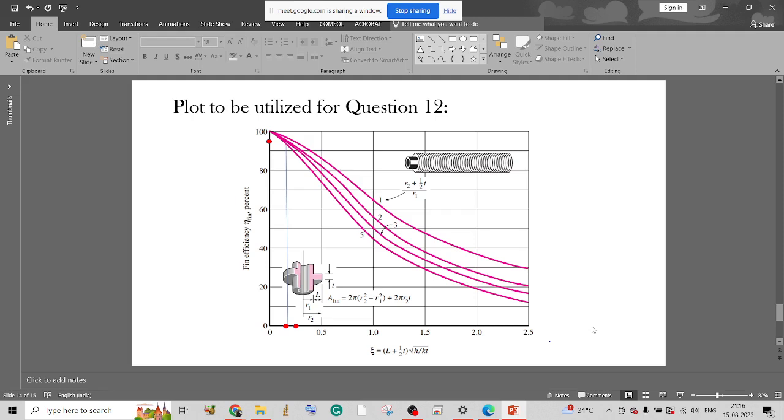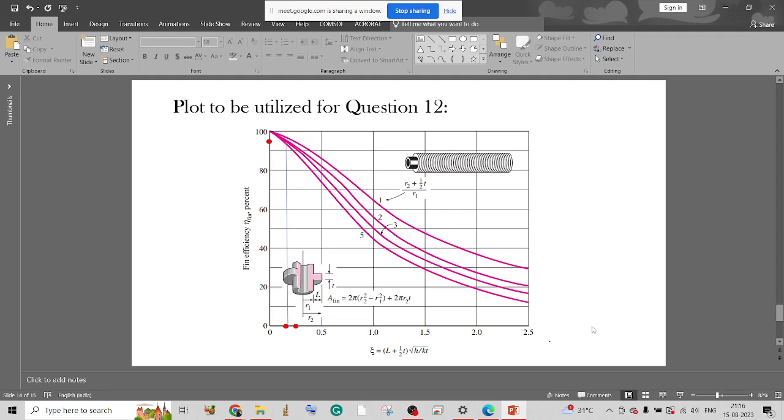So the area of fin came out to be 2 pi r2 square minus r1 square, as I've already said, the whole surface of the fin will be calculated, right? Let's suppose this is the pipe, this surface we are calculating now, 2 pi r2 square minus r1 square, plus this surface is also there, so plus 2 pi r2 t.